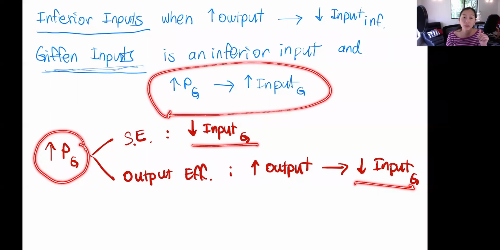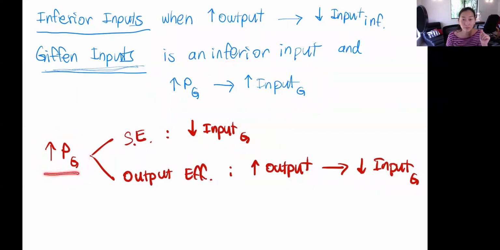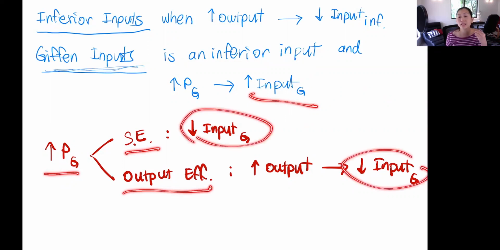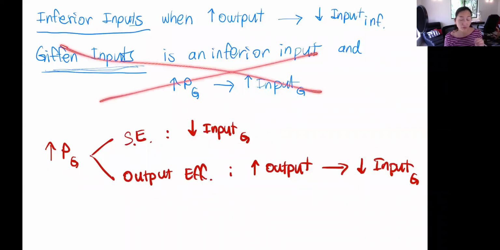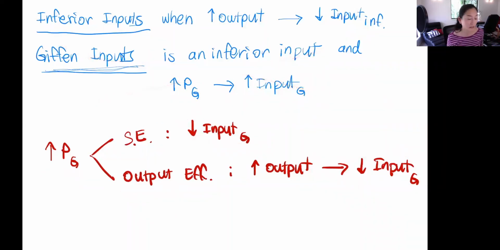Because for a Giffen input, when you have an increase in the price, the input must increase. But I just showed you that for both substitution and output effect, there is nothing that would increase the input. None of these would increase the input, and as a result, the Giffen input is not possible in our setup.